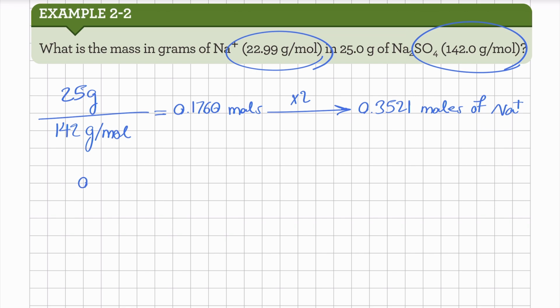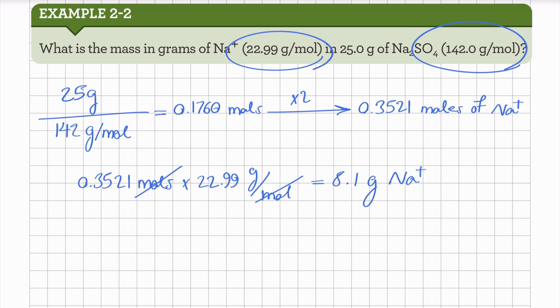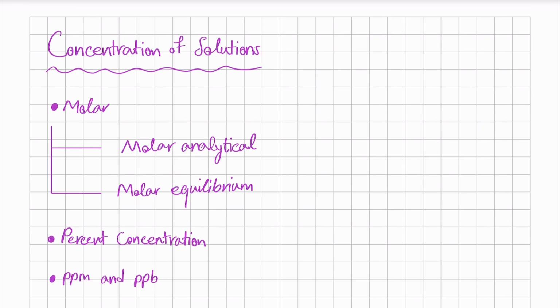So 0.3521 moles times 22.99 grams per mole. The answer would be 8.1 grams of sodium ion. This one is also really simple. Let's go to the next question.